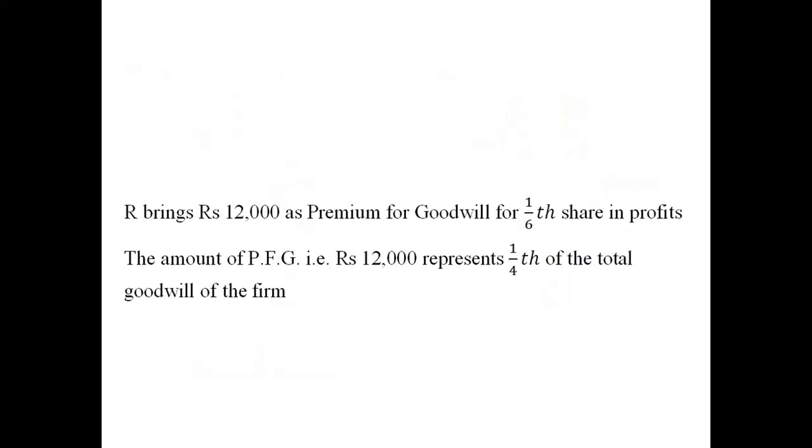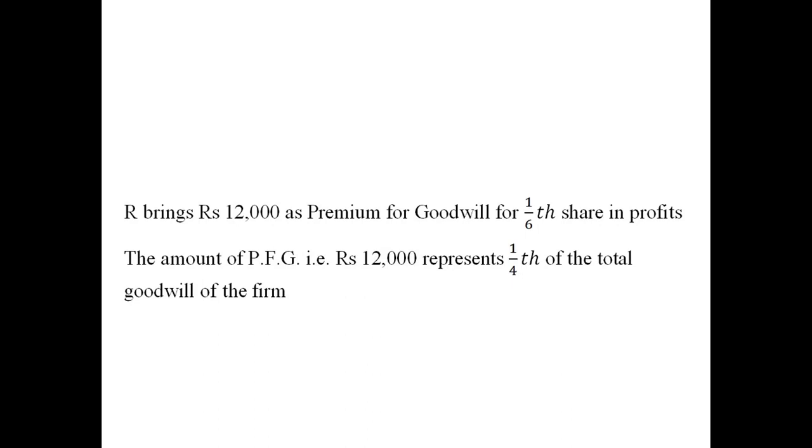Now remember here that this amount, premium for goodwill, is brought, rupees 12,000, for acquiring 1/6 share. But this 12,000 represents 1/4 of the total goodwill of the firm, because the first line of adjustment number 1 says that R was to purchase by cheque 1/4 of the goodwill, which means 1/4 of the goodwill of the firm.